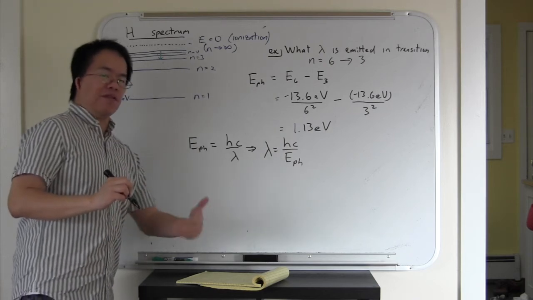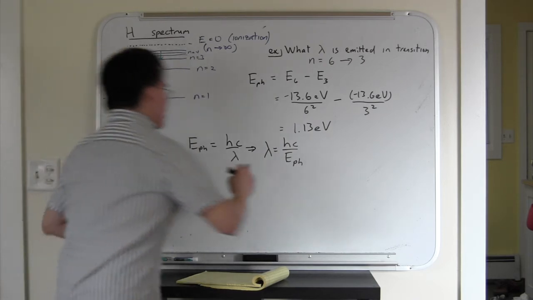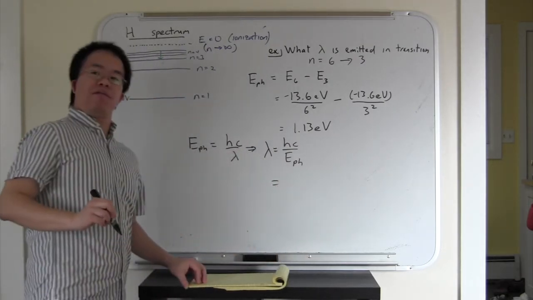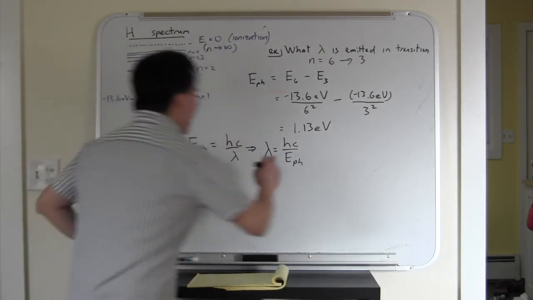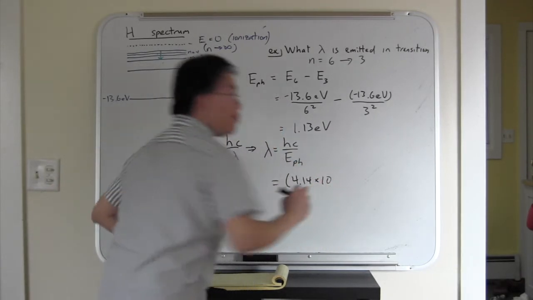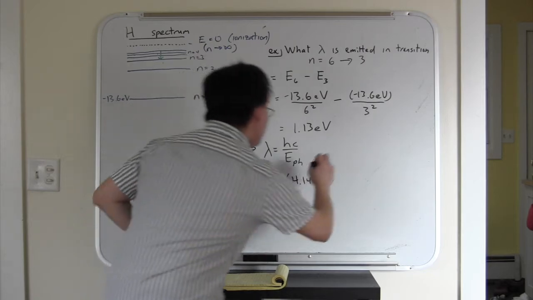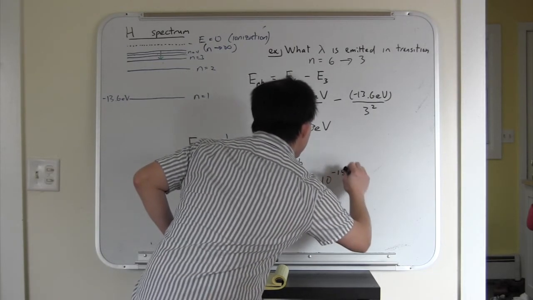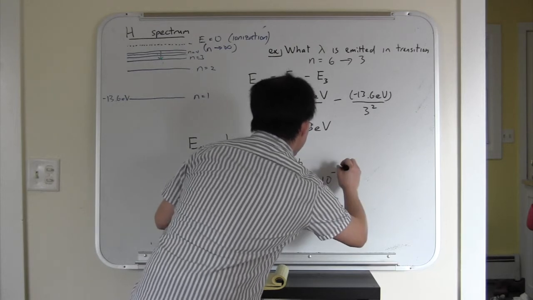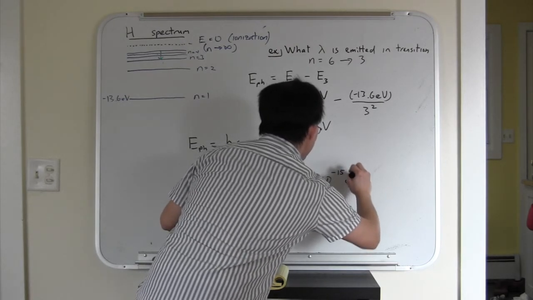We just have to be careful about tracking our units. But if we're careful, that's going to be fine. So h in electron volts is going to be 4.14 times 10 to the minus 15 electron volt seconds.